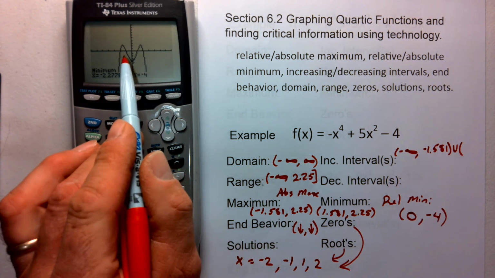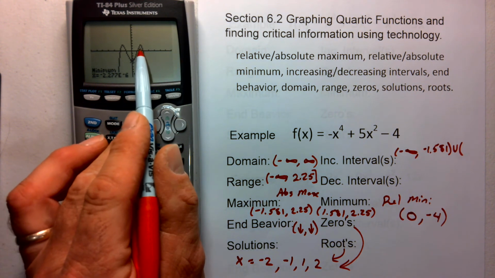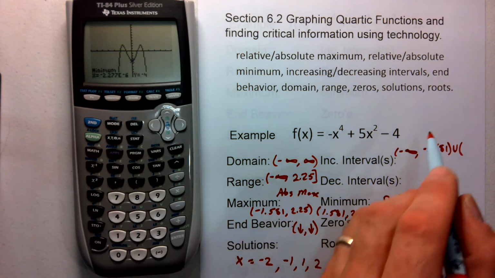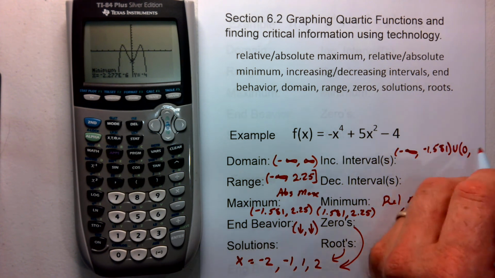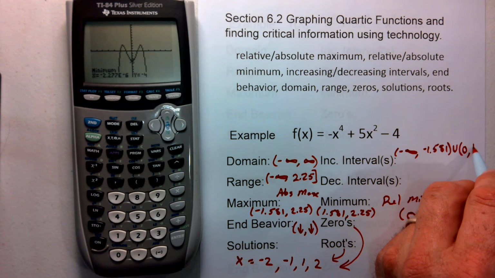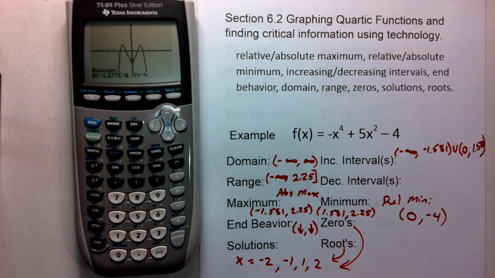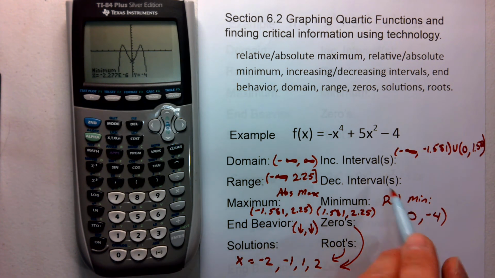But we also have an increasing interval from this point, which was x equals 0, to this x value. So we have 0, and that went to 1.581. Again, that's going to be in parentheses. It's 1.581 is our value.